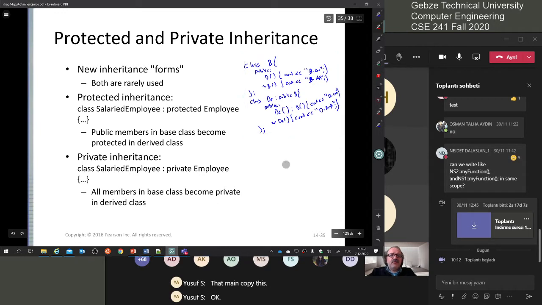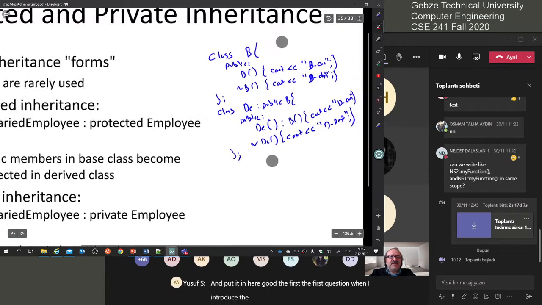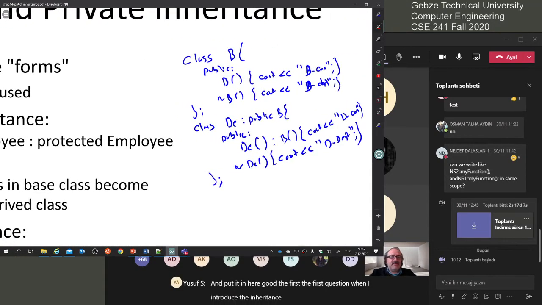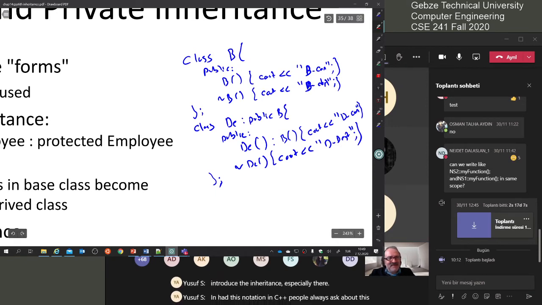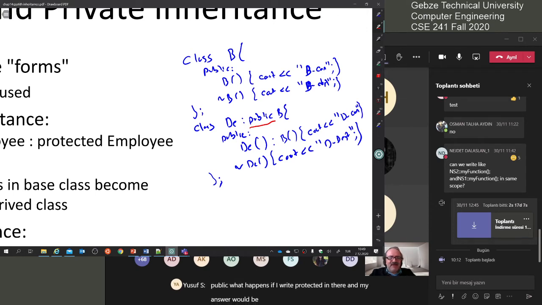Good. The first question, when I introduce the inheritance, especially the inheritance notation in C++, people always ask about this. What happens if I write private here instead of public? What happens if I write protected in there? And my answer would be, just wait, you're gonna see, and we are not going to do that.